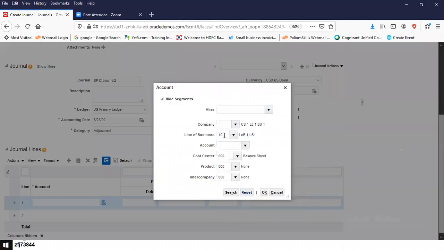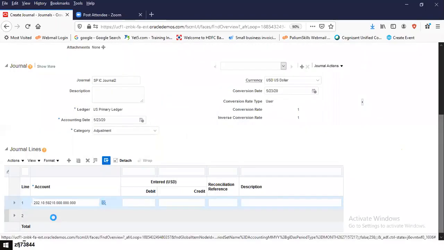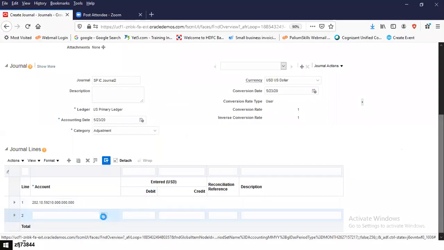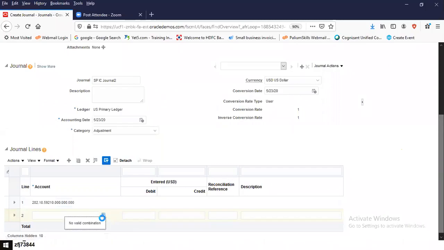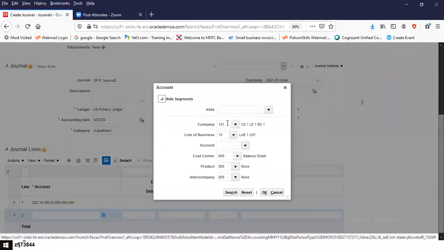We'll, let's say, have 202, so this is the Argentina company and some other company, not 101.